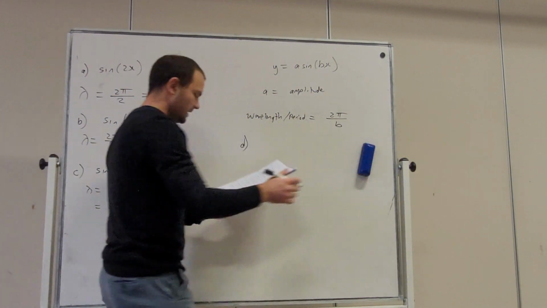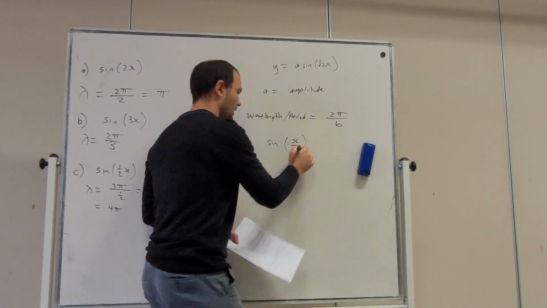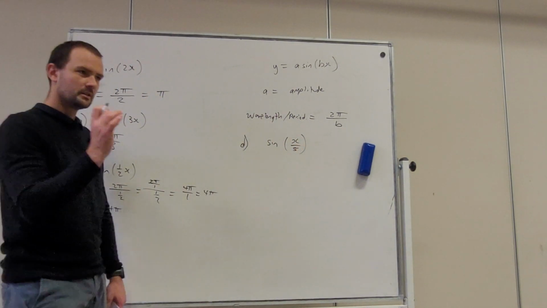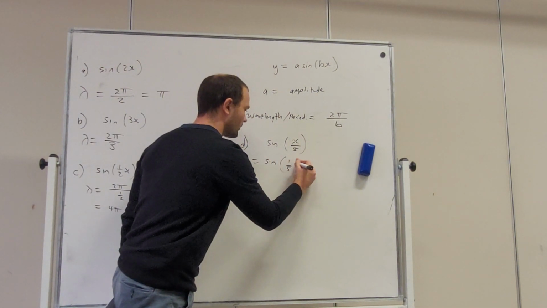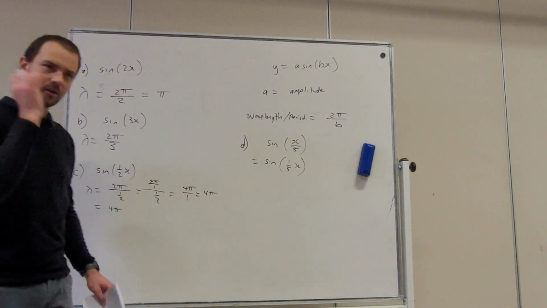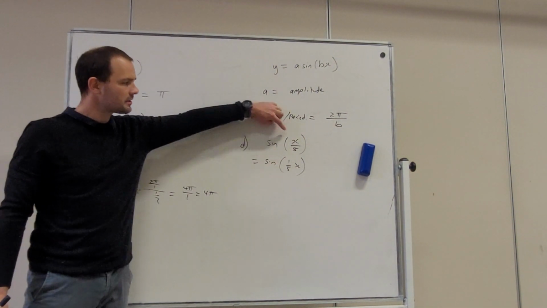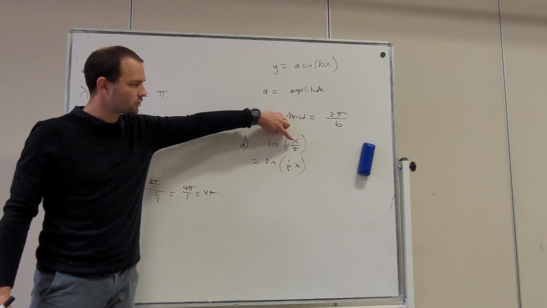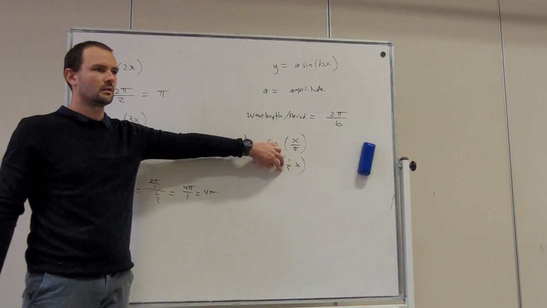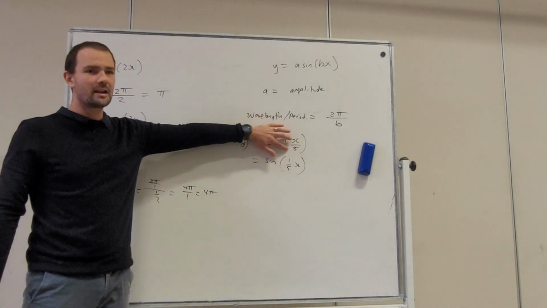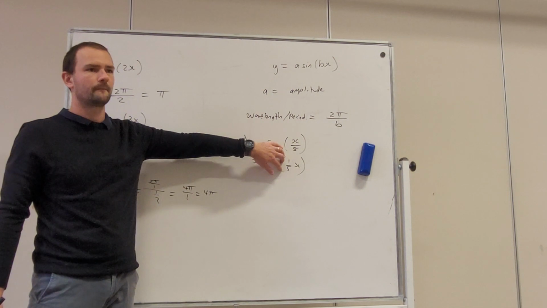All right, for D we have sine of x on 5. Now whenever you have something written like this, x divided by 5, it means the same as 1 on 5 times x. And we always want you to view it like this. This is a little bit cheeky. They're just checking to make sure you understand this and this mean the same thing. That dividing by 5 is the same as multiplying by 1 on 5, right?